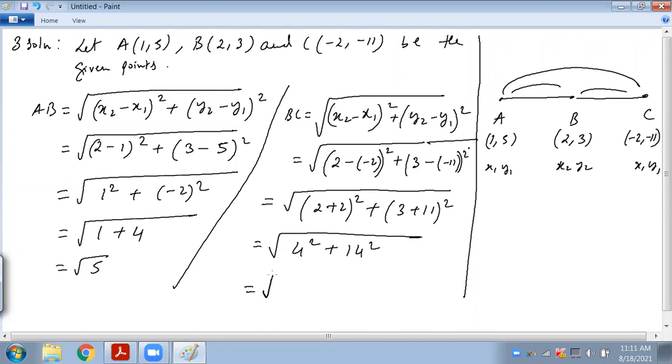So it will come out how much? 16 plus 14 square is 196. So it is 212. Let's keep it like this. And then we'll find AC.